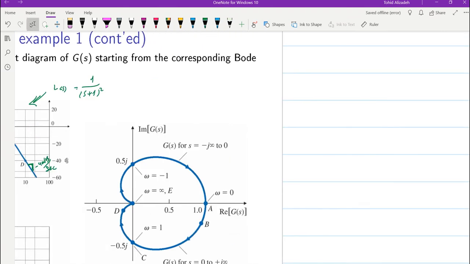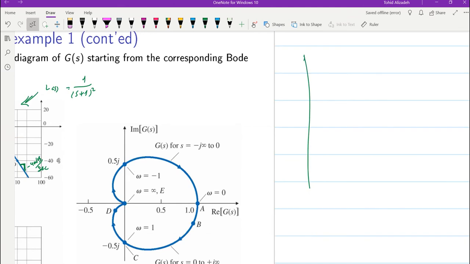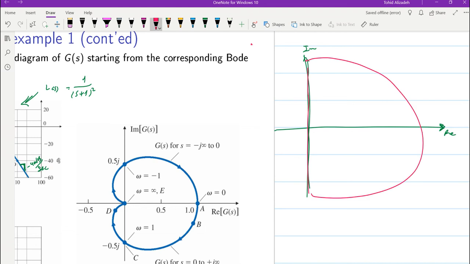We want to evaluate L over a contour C1, which includes the whole right half plane. So here we have our contour, in the clockwise form.